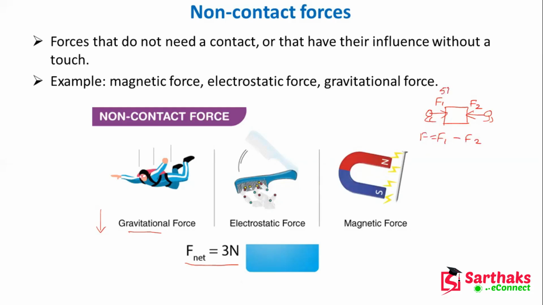Suppose I am using 5 Newton and you are giving 2 Newton. So 5 Newton minus 2 Newton is 3 Newton. Net force will be 3 Newton, right? So this is the block, where from this direction I am applying 5 Newton, and from this direction I am applying 2 Newton.